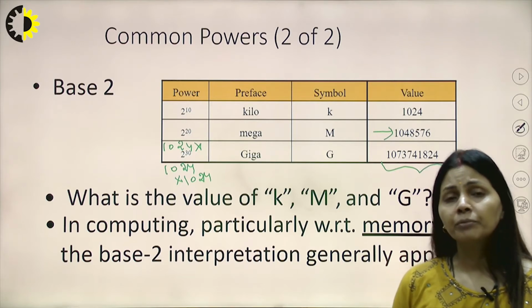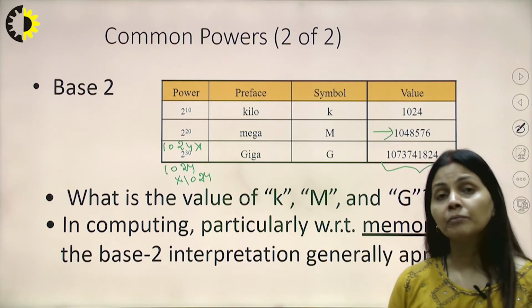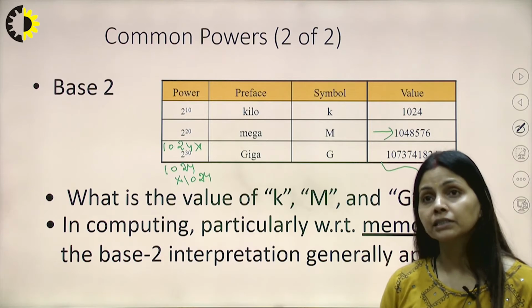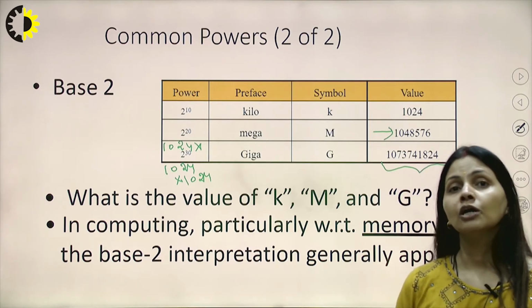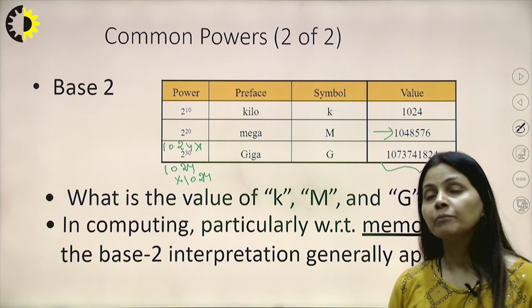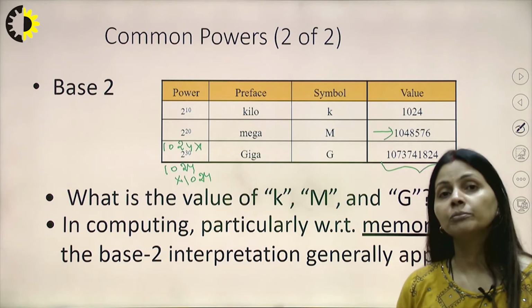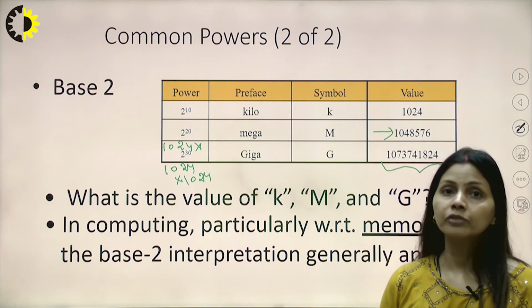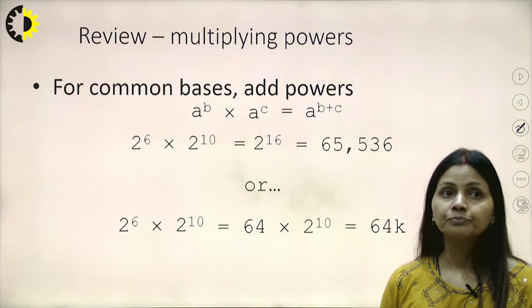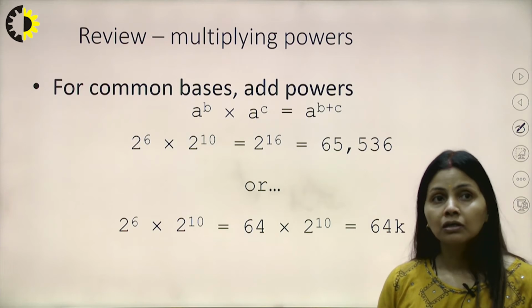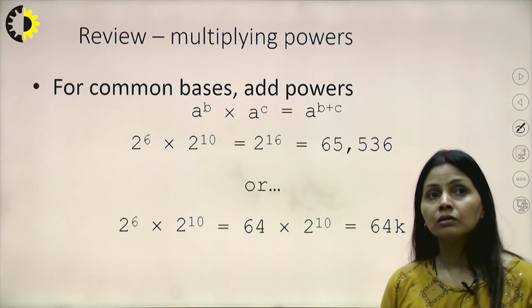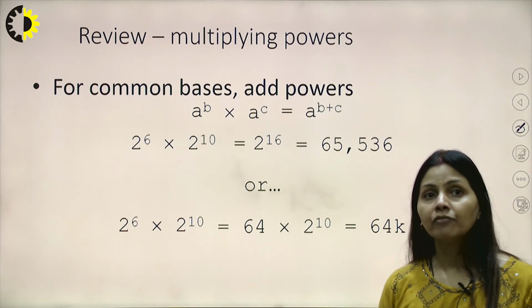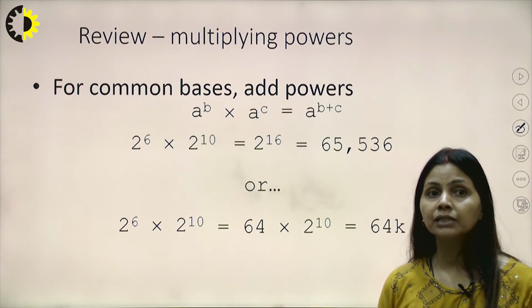The base 2 interpretation is given for memory: if we want to address a particular memory location, or calculate the memory capacity of a given chip, then we need to know these common powers for base 2. Now we know how to multiply powers: we just add the powers if they have the same base.